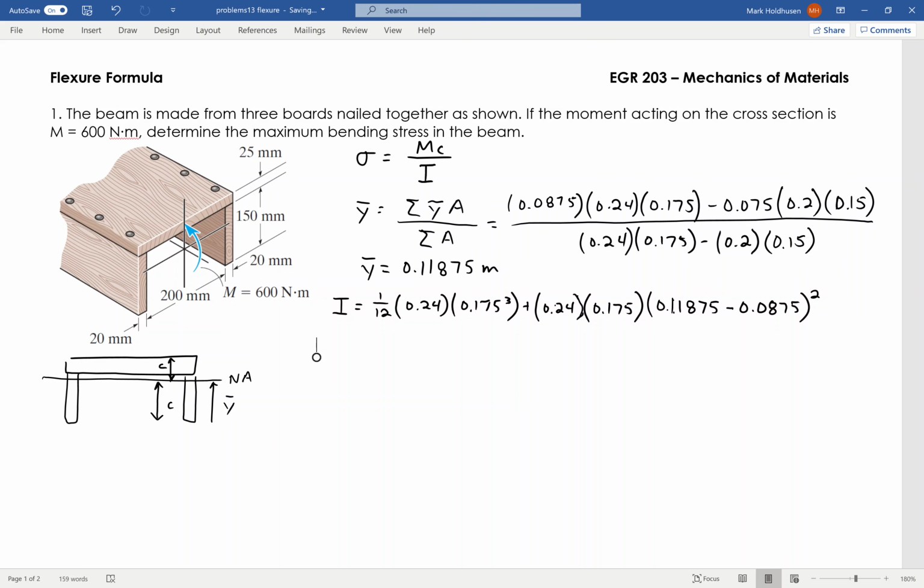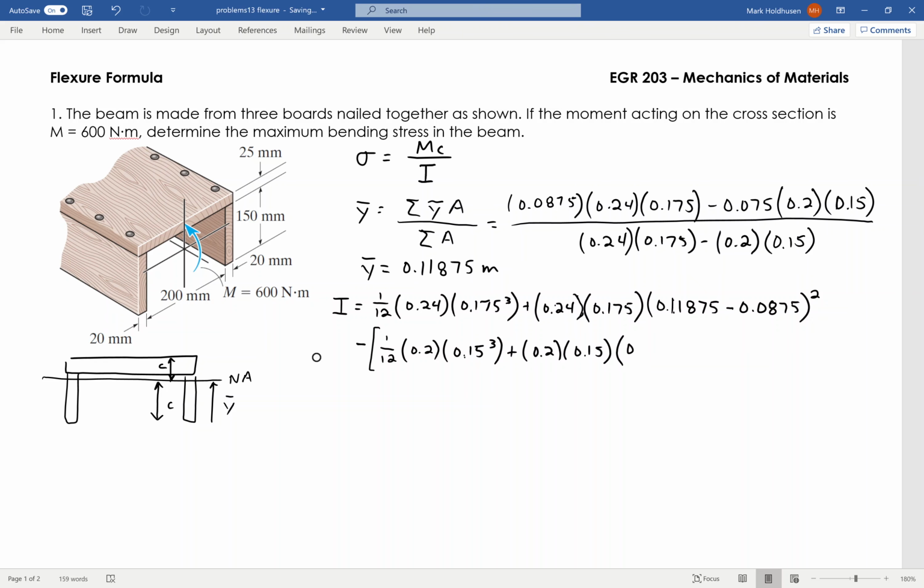Okay, so from that I'm going to then subtract off the smaller one, which is going to be 1/12 times 0.2 times 0.15 cubed, plus 0.2 times 0.15 times the distance between the center of the smaller one and the neutral axis that I'm looking for.